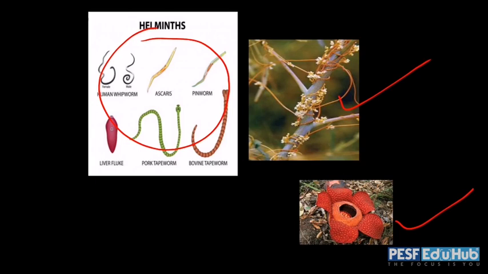Here these are examples for endoparasites. This is an example for ectoparasite. This is endoparasite. Endo. Clear? This is about the second type of nutrition, that is parasitic nutrition.